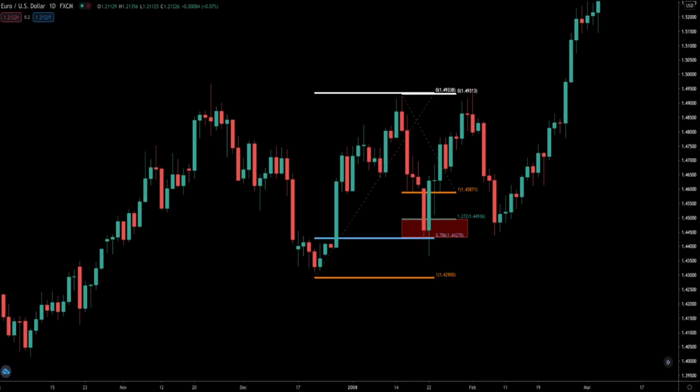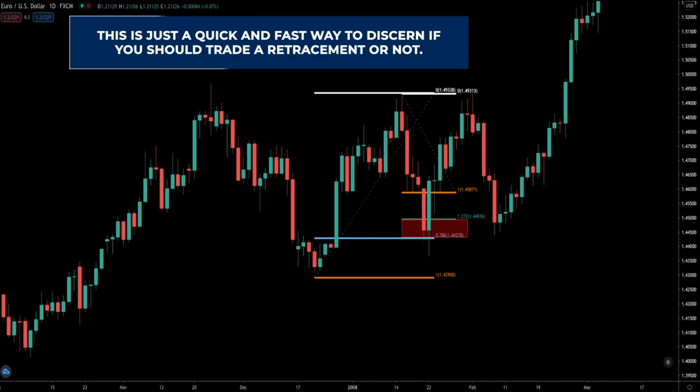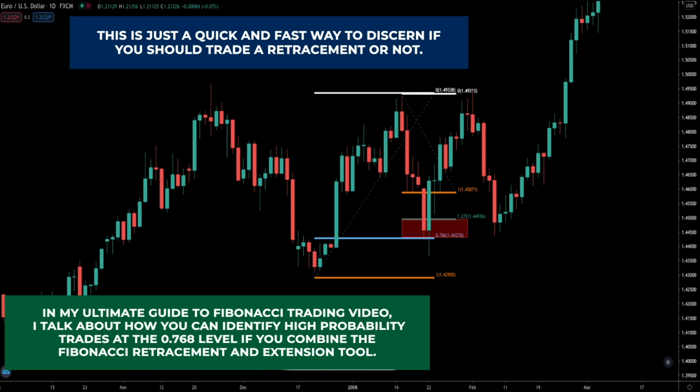Another thing to note is that this is just a quick and fast way to discern if you should trade a retracement or not. I'm aware that there are some Fibonacci traders who look to trade off the 0.768 level. In fact, in my Ultimate Guide to Fibonacci Trading video, I talk about how you can identify high probability trades at the 0.768 level by combining the Fibonacci retracement and Fibonacci extension tool.